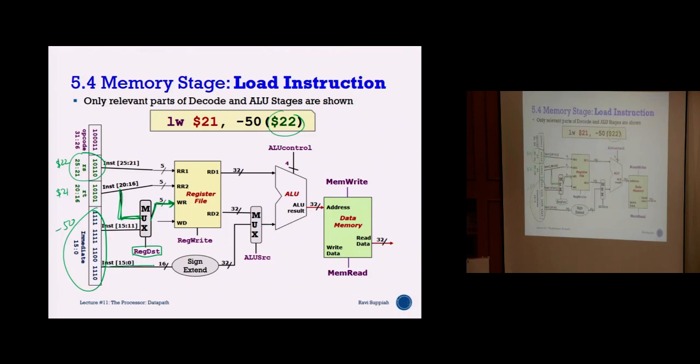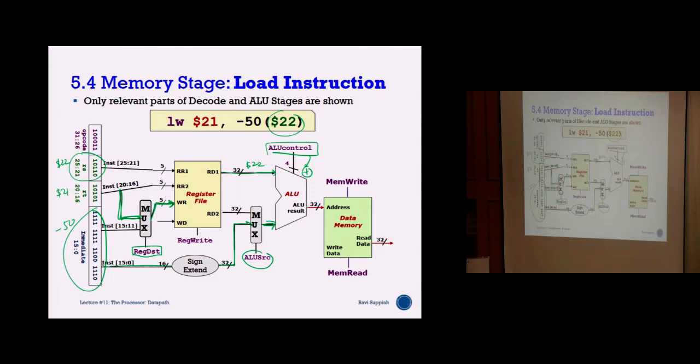Your 16-bit immediate will go through sign extension and come here, and the ALUSrc multiplexer will select this as your ALU input. This is your register 22 data, whatever is inside register 22, and your ALU control would have told it to do an add operation.